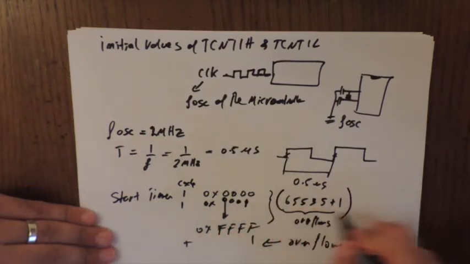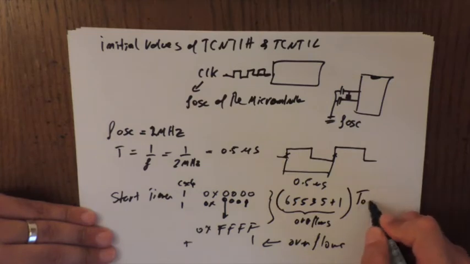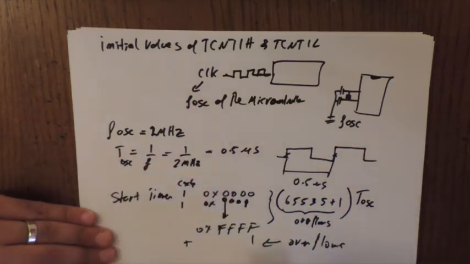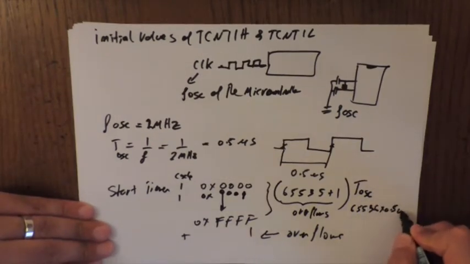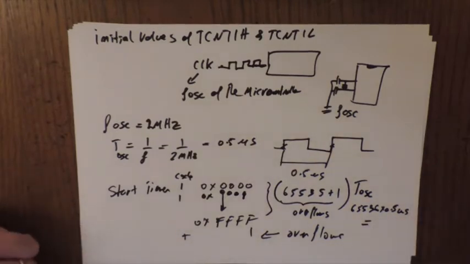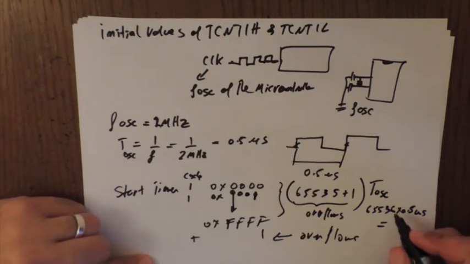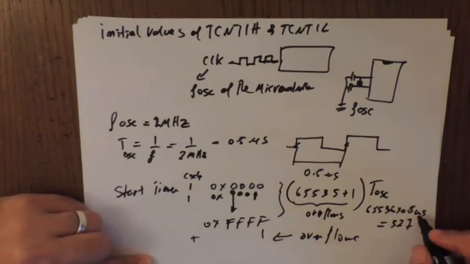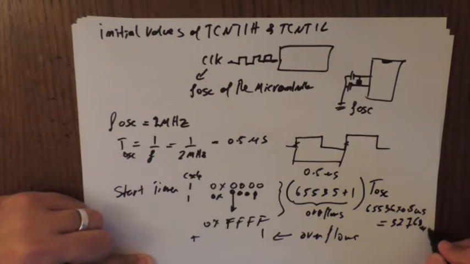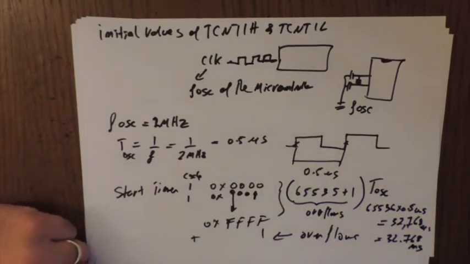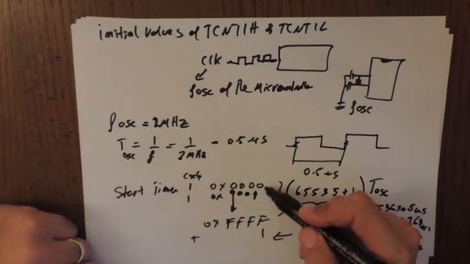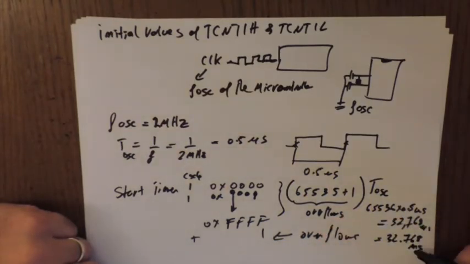So if we multiply this by T oscillator, I have 65536 times 0.5 microseconds. If I calculate it, the value will be 32768 microseconds, or 32.768 milliseconds.